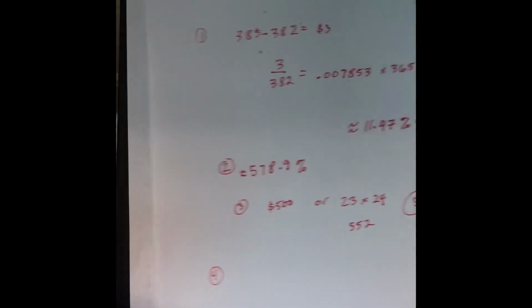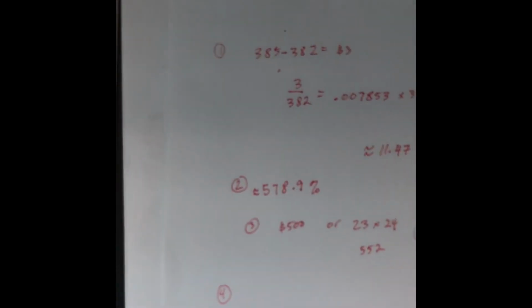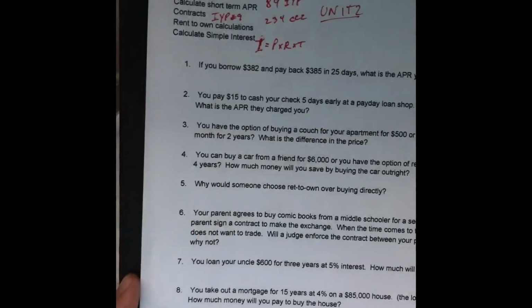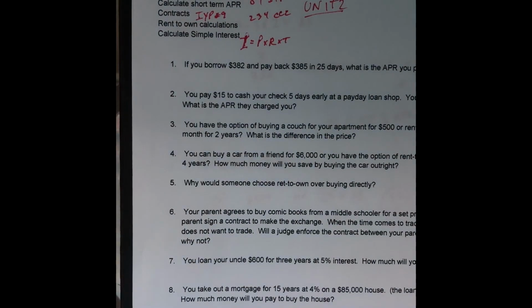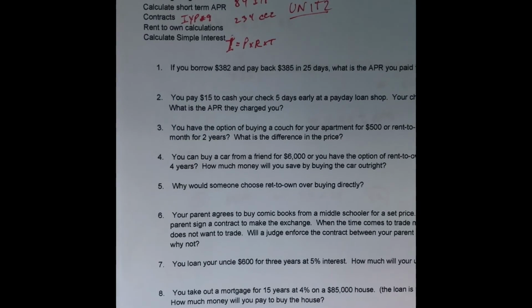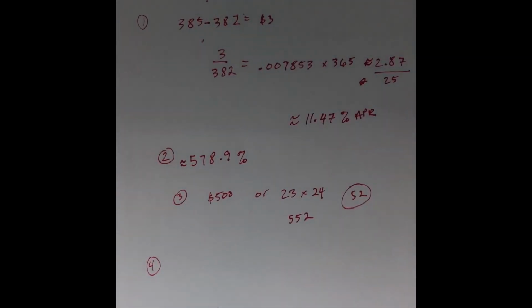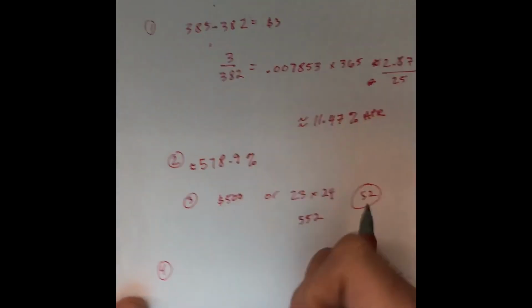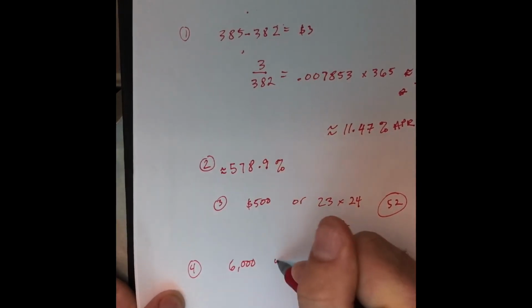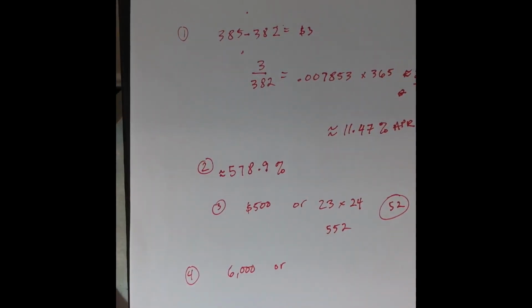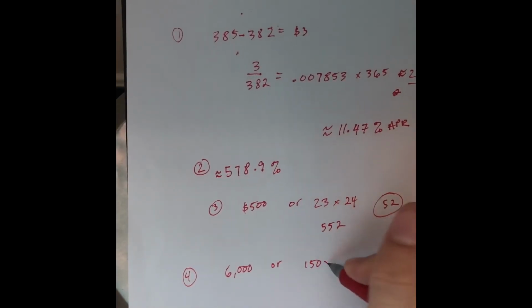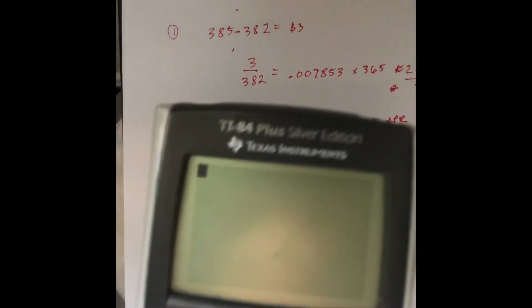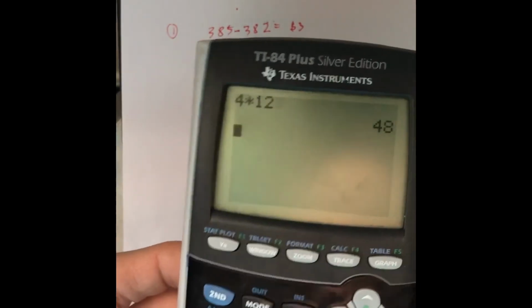Number 4 says you buy a car from a friend for $6,000, or have the option of rent to own for $150 for 4 years. How much money will you save by buying the car outright? So this is really just asking the same thing. On one hand is $6,000 to buy, and the other is $150 for 4 years, so it's $150 times 4 times 12, which is 48 months.